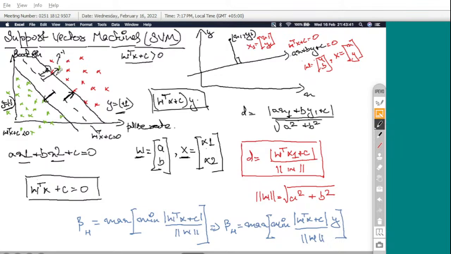And why is this a negative distance? Because this is not on the right side of the hyperplane. Got it?